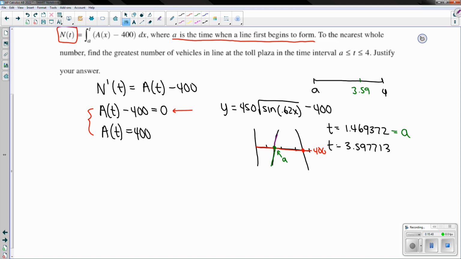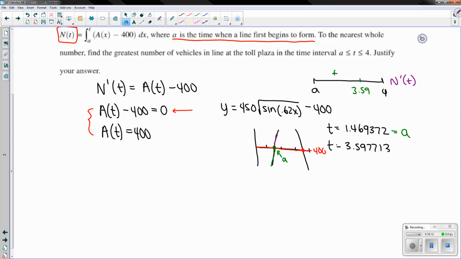So because this graph is my derivative graph of that function n of t, I can see that after that first initial point A, that graph is above the x-axis. So our derivative function, which this sign chart is representing, has a positive interval from that point A to 3.59.